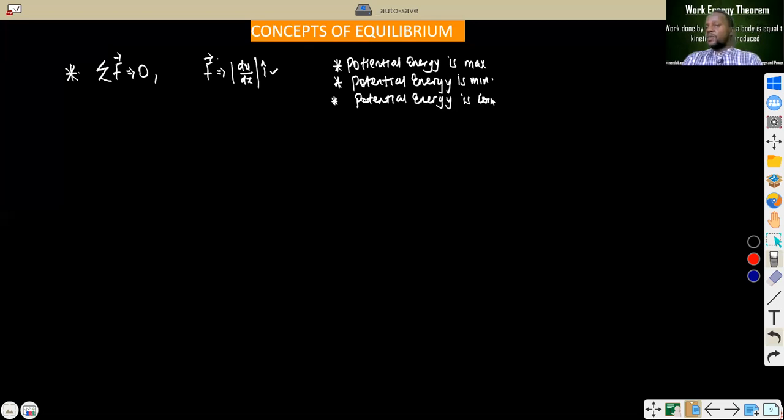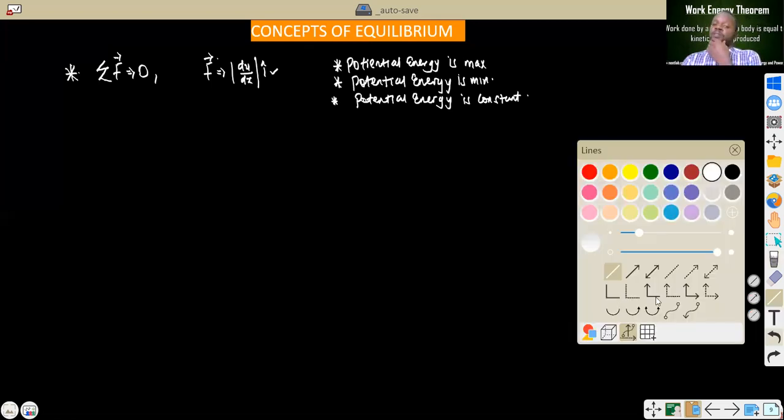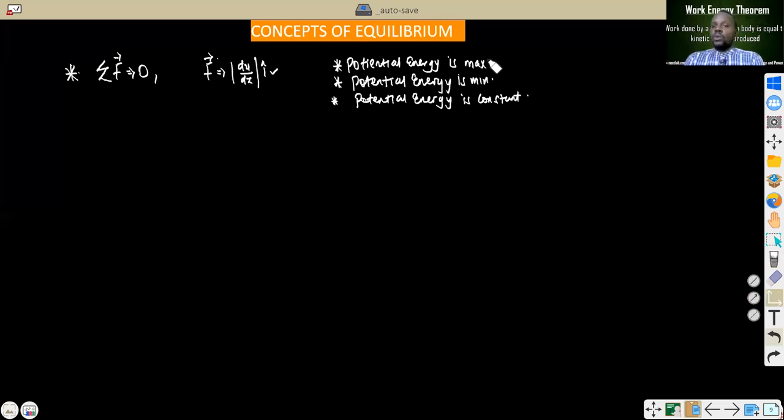So we are going to be classifying these 3 processes now and explaining them with respect to diagrams to explain the different types of equilibrium that you might have seen before in your early classes. To take the first one, when potential energy is maximum, we can just take a diagram to do some illustration. A quick one, my dear students, because of time. Time is always not on our side.